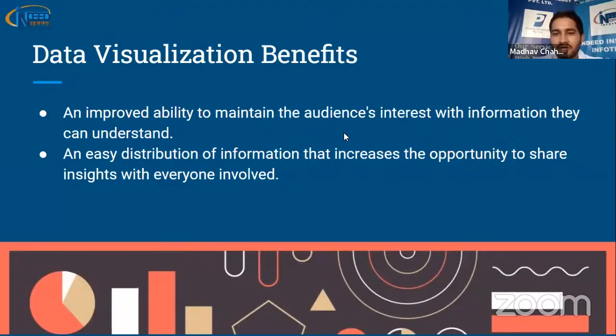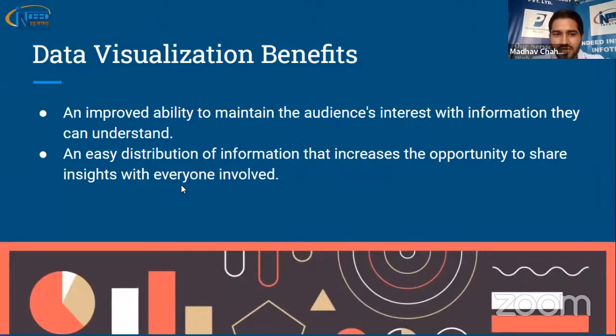Now with this, sometimes in a meeting there are people from the business domain, there are people from the IT domain, there are people from HR, but the data which we depict using the visual elements has information for all these different heads of the organization. So it keeps the audience, which is a part of that discussion, interested in what is being displayed.